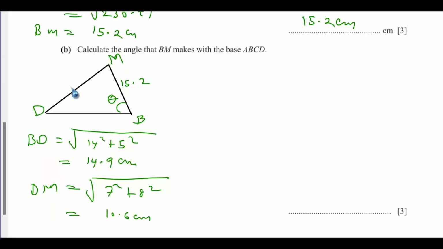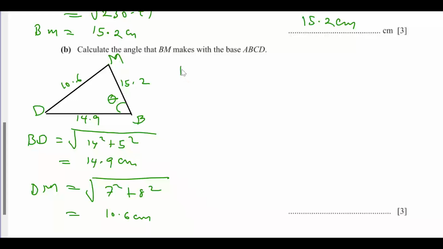So that means DM is equal to 10.6 centimeters and DB is equal to 14.9 centimeters. So we can now use the cosine rule to get the required angle. So using the cosine rule, you have 10.6 squared. Okay, I can write the formula.